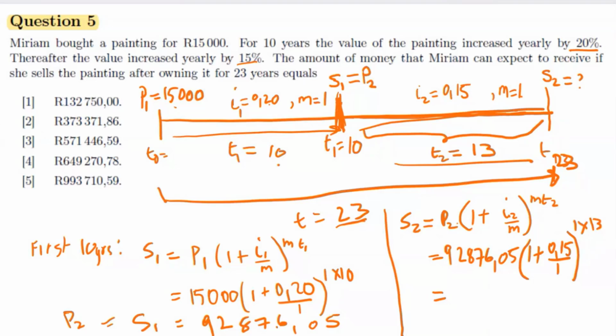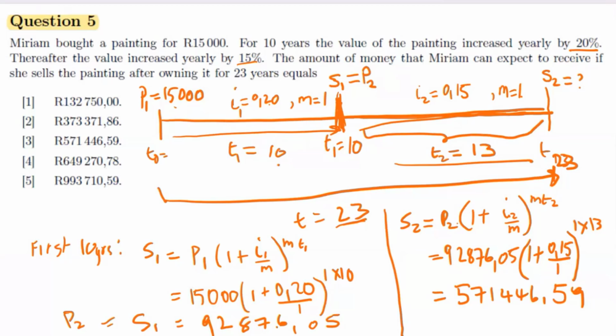After I've put it into my calculator, my S2 is going to be equal to 571,446.59. This is a derivation, guys, of the formula. Why I have broken it down into pieces: I want you to see that when there is a specific disturbance somewhere, something needs to change. However, there is a shortcut to this.